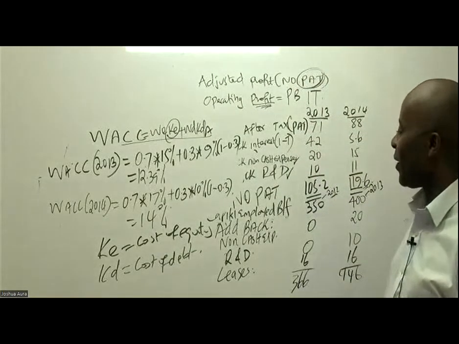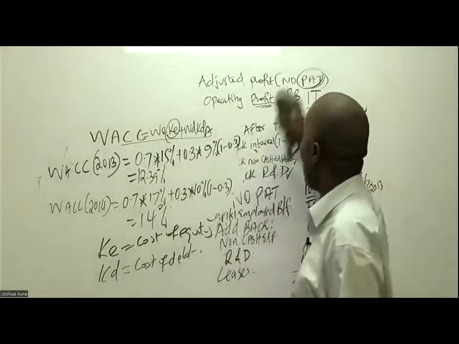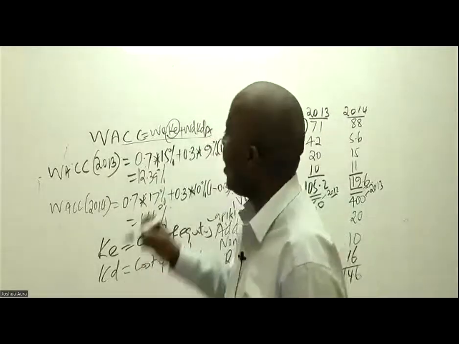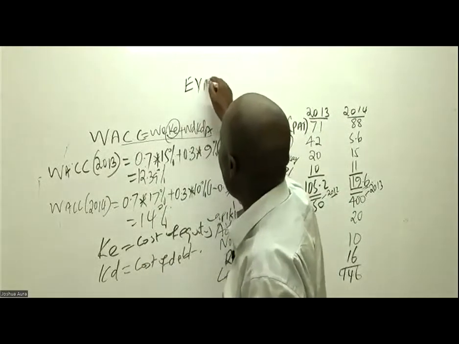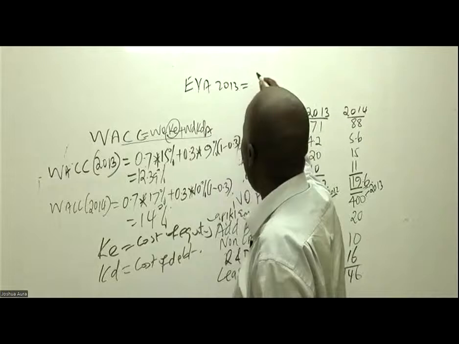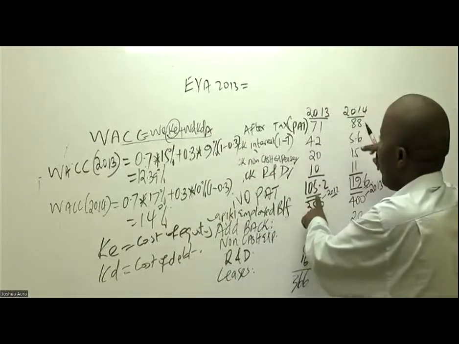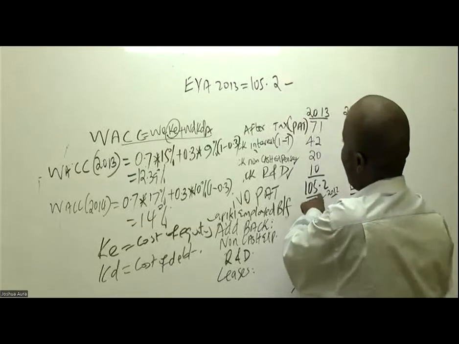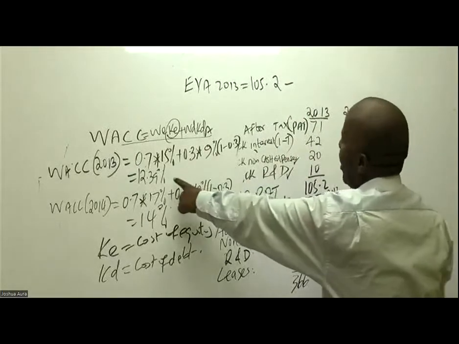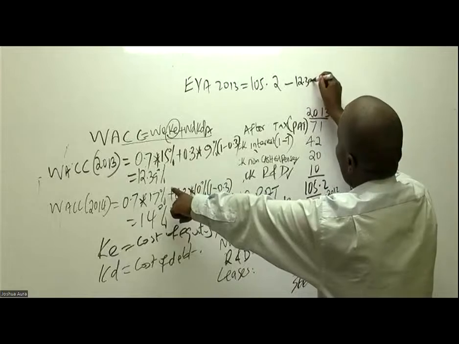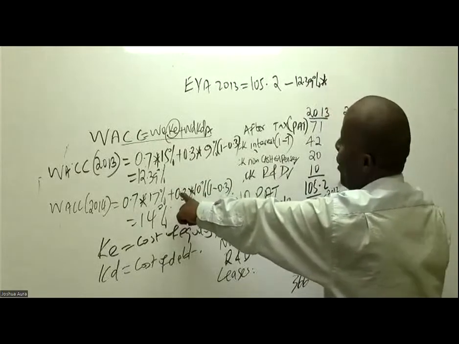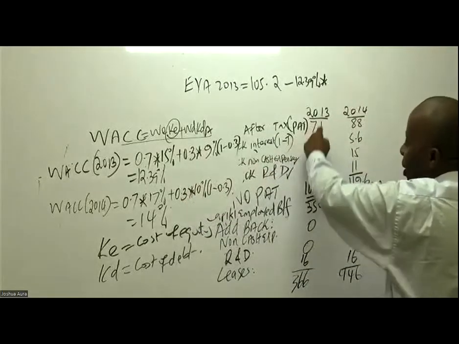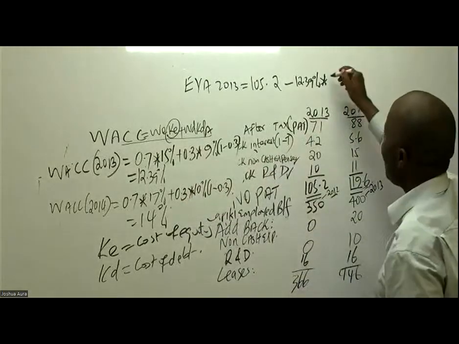Now, ladies and gentlemen, after that we should be able to get what we call EVA. So EVA for 2013: the NOPAT for 2013 is given here. It is 105.2 minus the WACC of 2013, which is 12.39%, multiplied by the capital employed in 2013, which is 316.